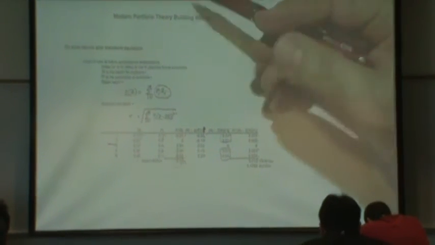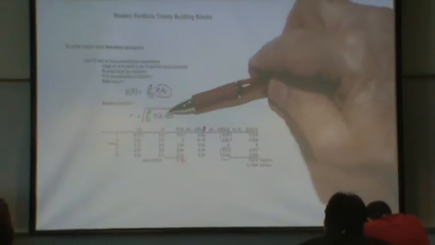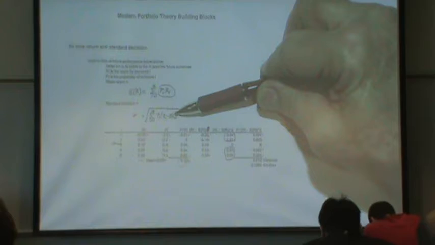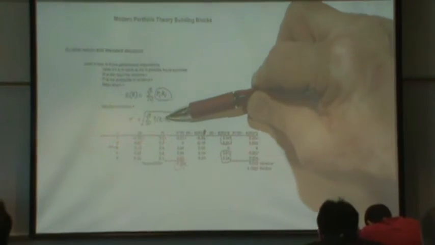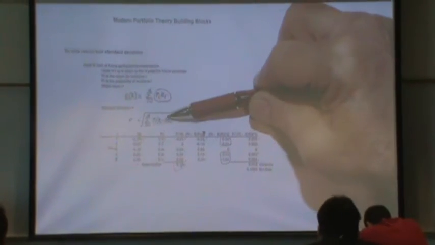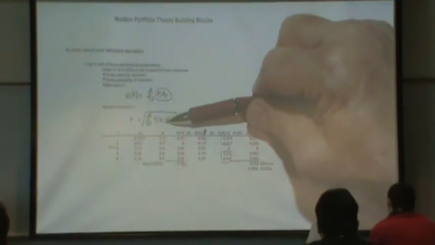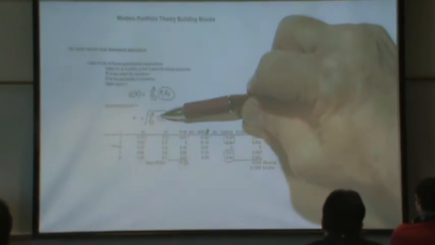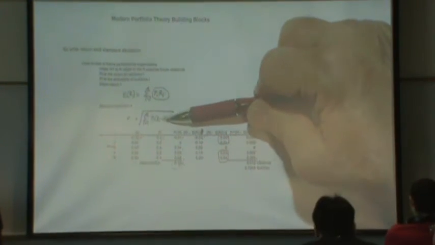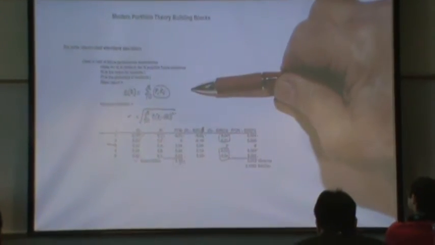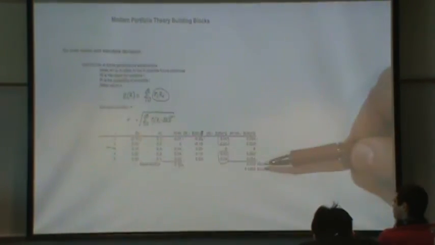So it says, first, figure out what the expected return is, then calculate the individual deviations from the mean, square those deviations, multiply those squared deviations times the probability, add up all of them, and when you get to that point, you've got the variance, and take the square root, and you've got the standard deviation.